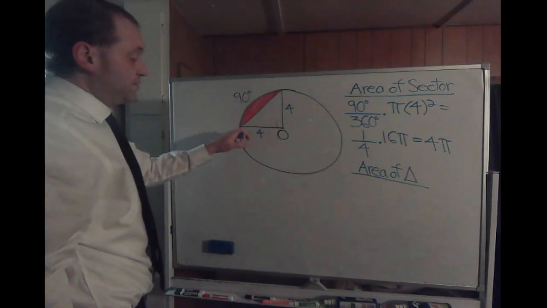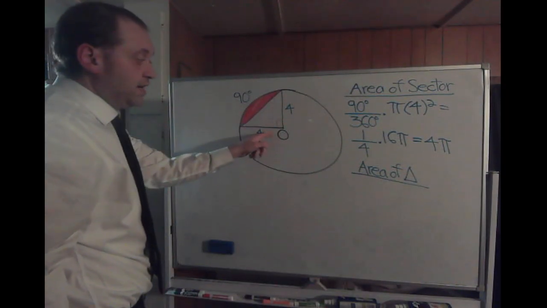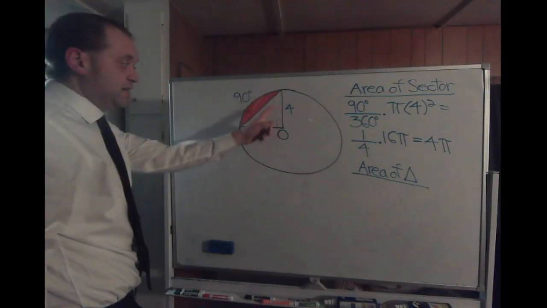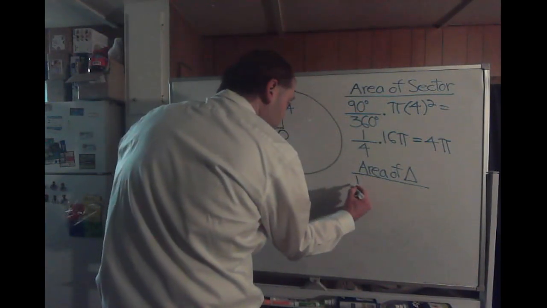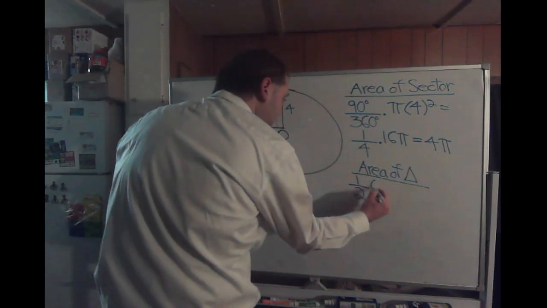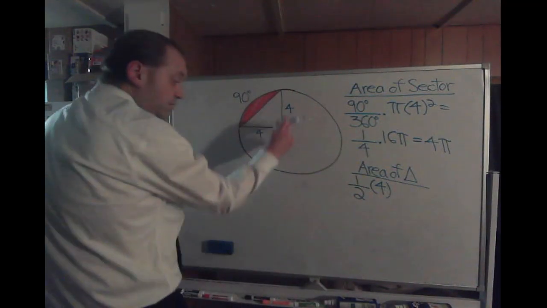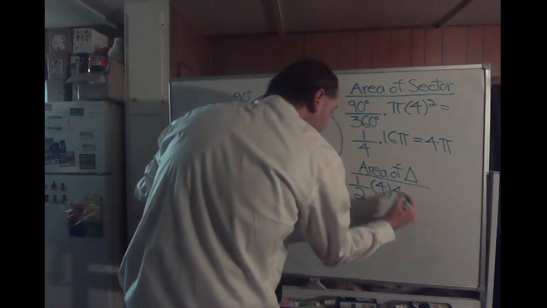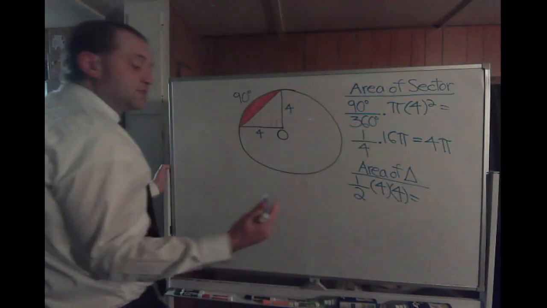Since you have a right triangle, your base and your height are both even. They both stand up and lay down. So the formula for the area of the triangle is half the length of the base, which would be 4, times your height, which is also 4. Well, half of 4 is 2, times 4 is 8.